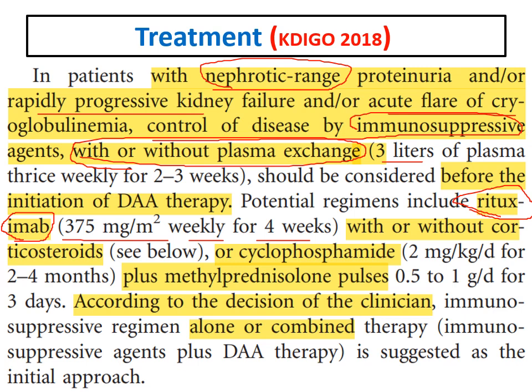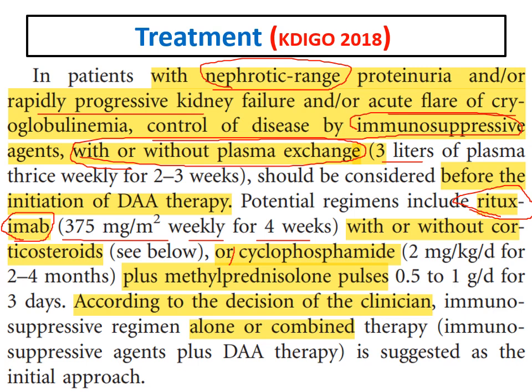So we give rituximab weekly for 4 doses. Rituximab can be used as a monotherapy alone or can be used with corticosteroids. So the initial regimen is rituximab with or without steroids.